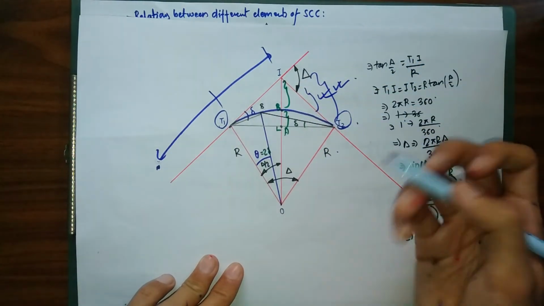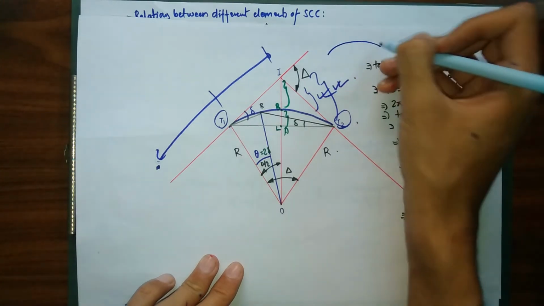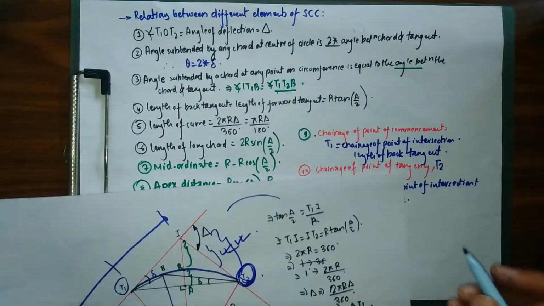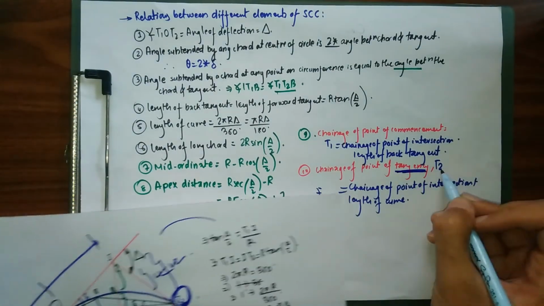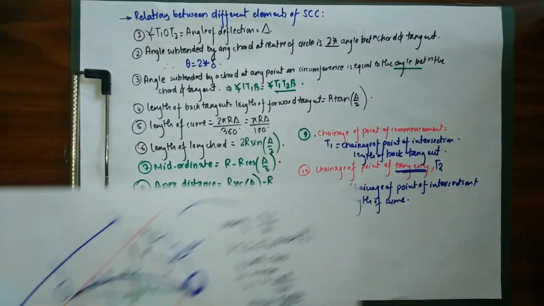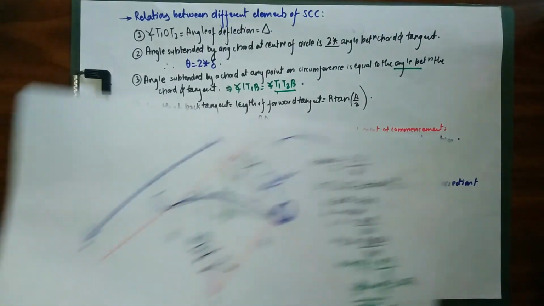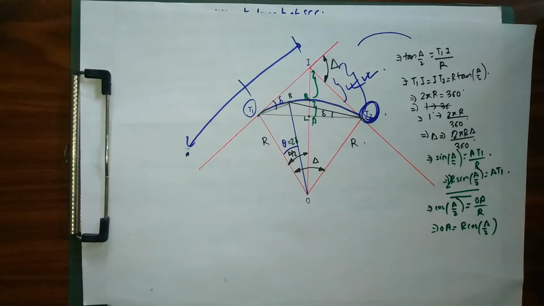Such a forward tangent doesn't exist in real life, because instead of this forward tangent, we have introduced our curve. So our chains of point of tangency T2 will not be equal to our forward tangent, but it will be equal to our length of the curve, because of the alignment or the direction which we have followed.